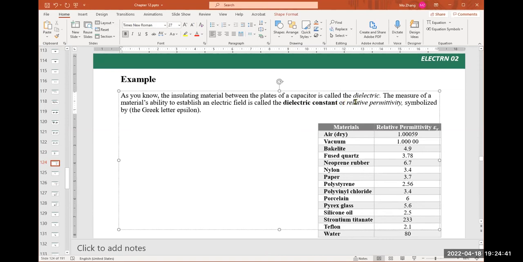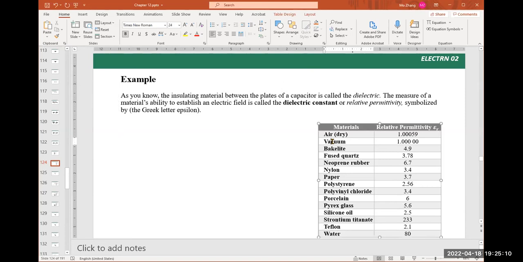It has a fancy term called relative permittivity. Permittivity is just a term to describe how well a material can be used to improve the capacitance. And relative permittivity is how much better the material is than the reference material, which is vacuum. A vacuum is not a material, but just an environment. In vacuum, a double plate capacitor can store charges.